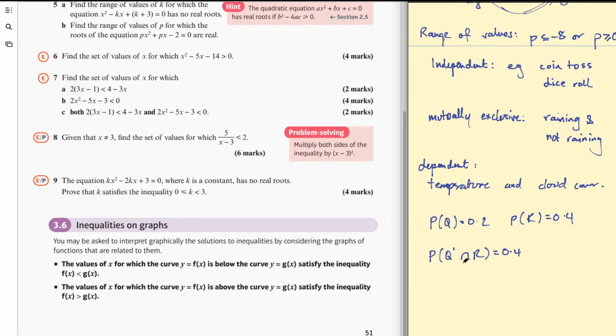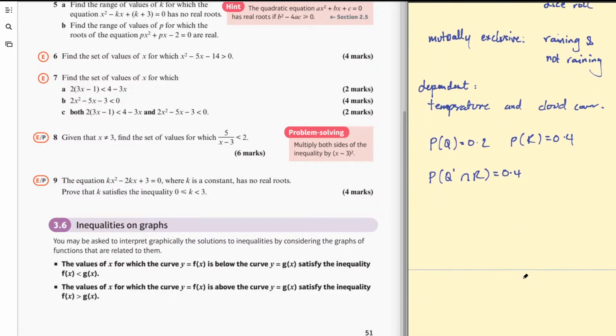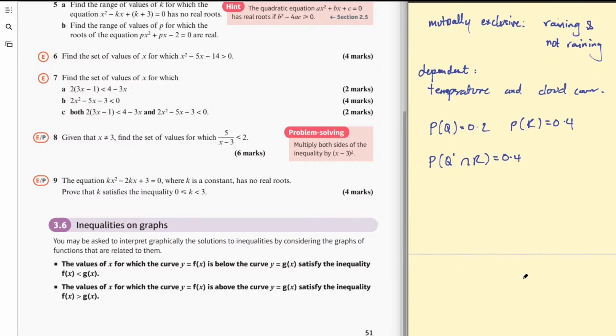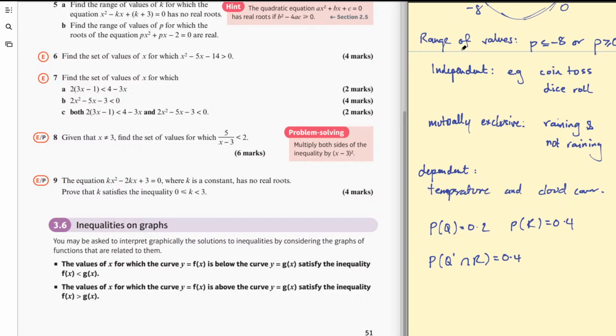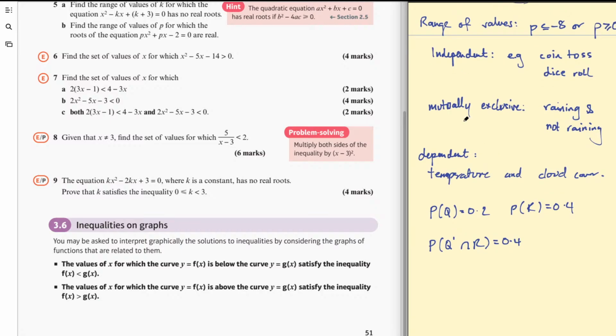I see. So is it independent or mutually exclusive? Is that the idea?